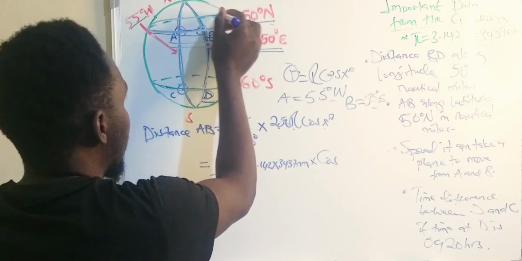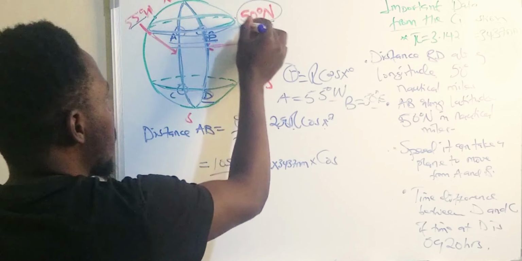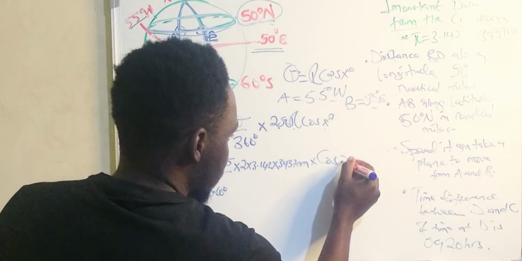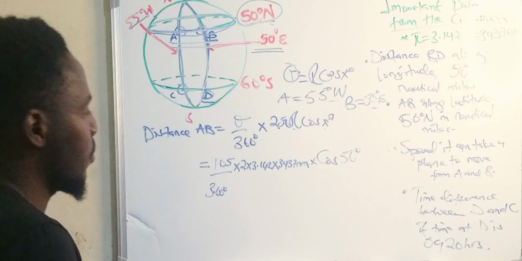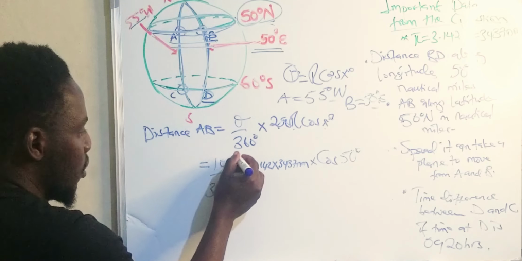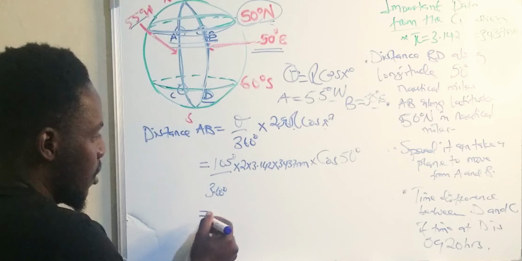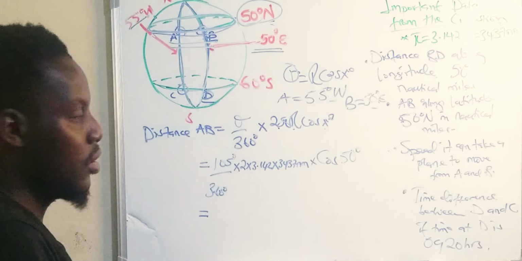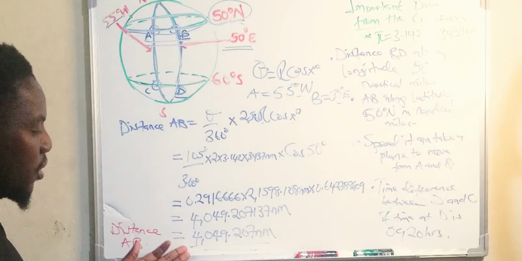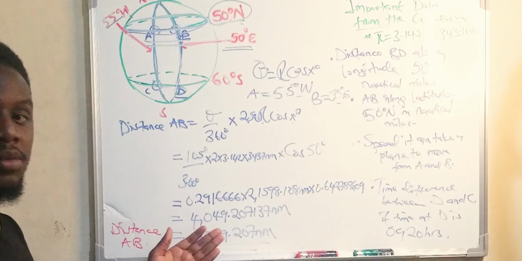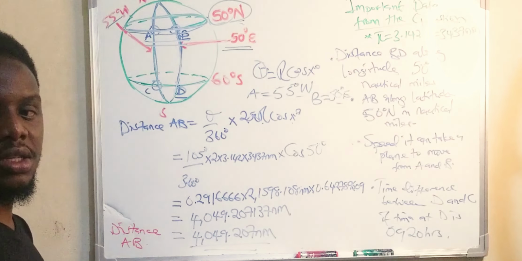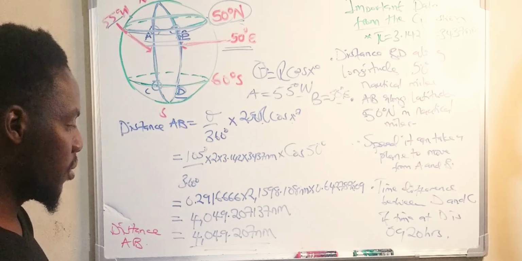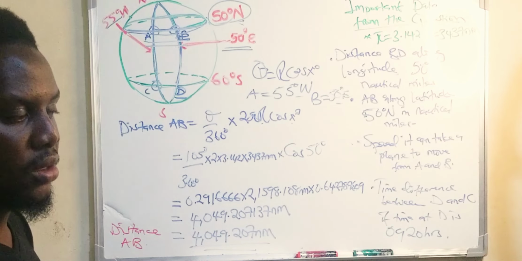What is the value of that latitude? It's 50 degrees north. So 50 degrees. When you do the calculation, you should end up with the following value: 4049.207 nautical miles. That's to 3 decimal places. You should always leave your answers to 3 decimal places.